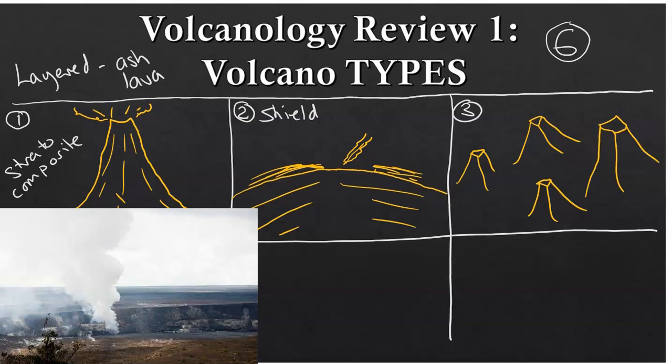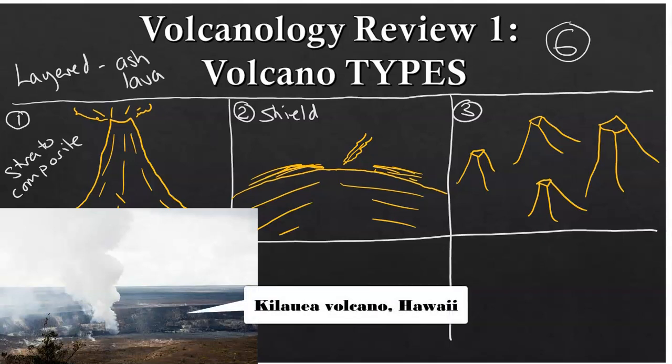It's very basaltic, very runny, and therefore low in silica, low in viscosity. The classic one is going to be Hawaii, whereas strato and composite, 60% of all volcanoes are stratos, and the Pacific Ring of Fire is going to be the example.